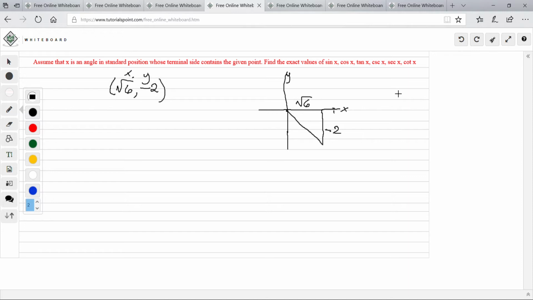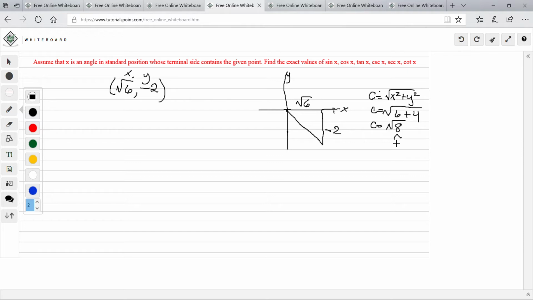Simple, it's just c, the square root of x squared plus y squared. So c equals the square root of 6, and then the square of negative 2 is positive 4. So c equals the square root of 8.